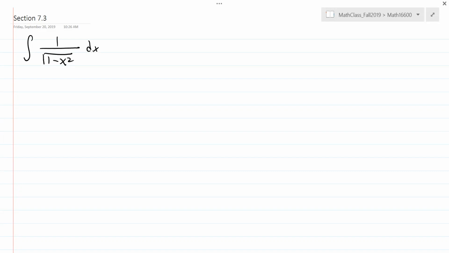Well, you maybe know the antiderivative of this function, right? It's going to be arc sine x.